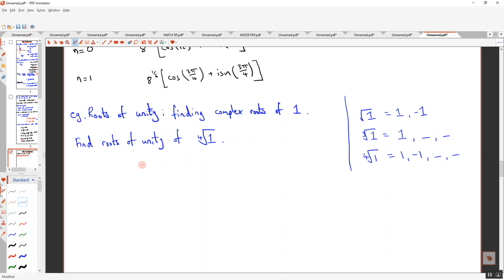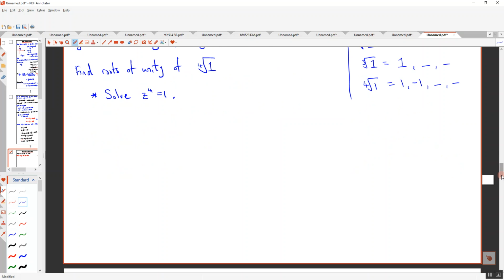Sometimes this question will be phrased like this as well: solve z to the 4 equals 1. Okay, so that's another way they could phrase this question. And that's how they phrased it in question 11 in that pack, okay? Except I think they did it to like 24 or something.